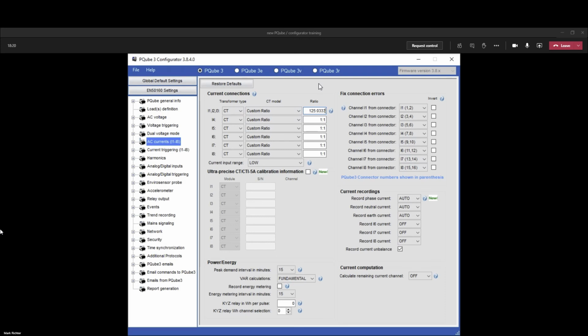Yes, Mark. So because you have a 5 amp CT around their secondary, you make this, you guess the number? Yes. So it's now a 2000 to 333. Again, leave everything else the same.